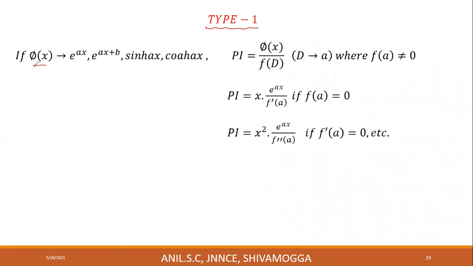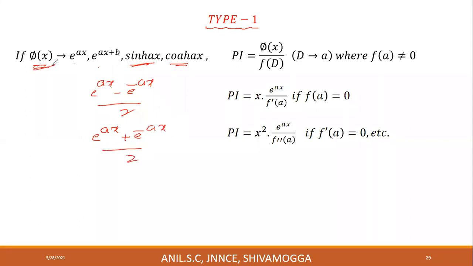If phi of x is an exponential term, e power ax or e power (ax plus b), or sine hyperbolic ax. Sine hyperbolic ax is an exponential function. It is e power ax minus e power minus ax divided by 2. This is exponential. This is also exponential. Cos hyperbolic ax is e power ax plus e power minus ax divided by 2.